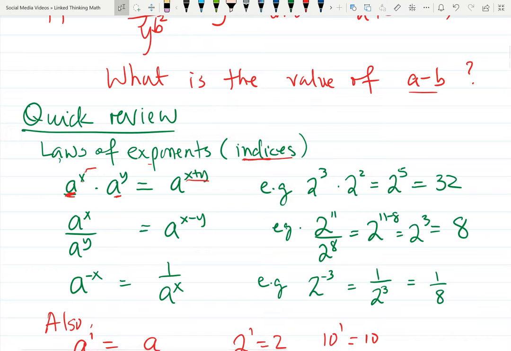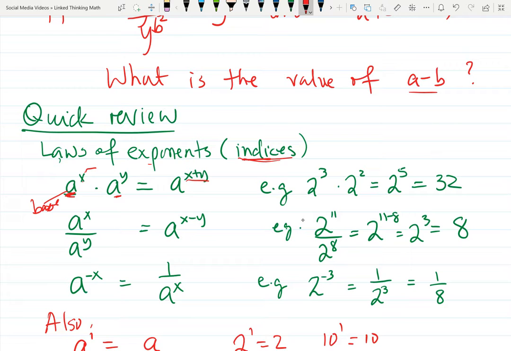Okay, so here we have some laws of exponents, or in the UK and elsewhere, they say laws of indices. If we have a number a to the power x, and a to the power y, which is the same base, here a is the base, and x is the exponent or the index.